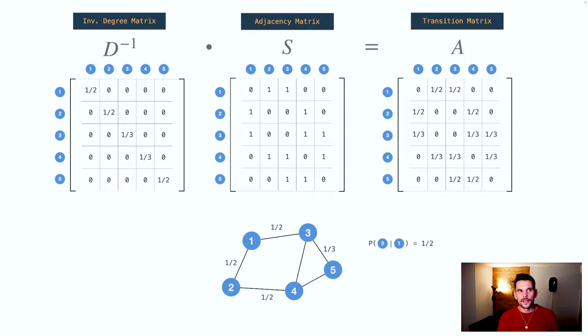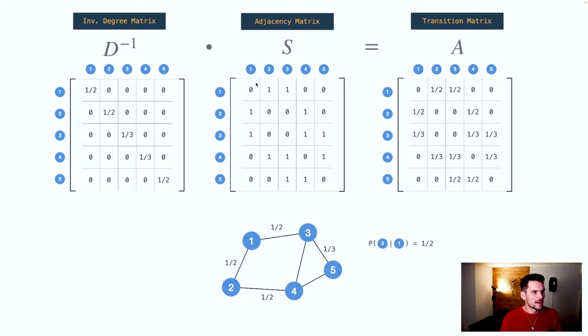Now, if we calculated the transition matrix, we would have the inverse degree matrix, where what we have on the diagonal is the inverse of the degree of each of the nodes, and the adjacency matrix, which is basically the nodes each of the nodes connects to. That will result in the transition matrix. If we, for example, wanted to calculate this entry here, we would use the first row and the second column as we do in a matrix multiplication.